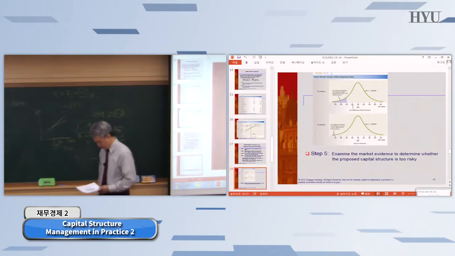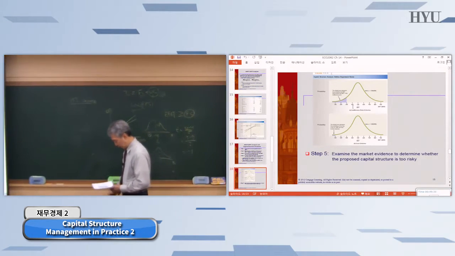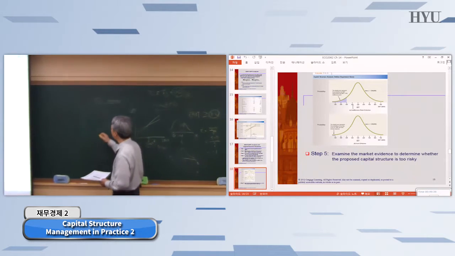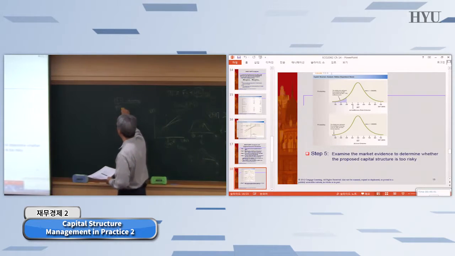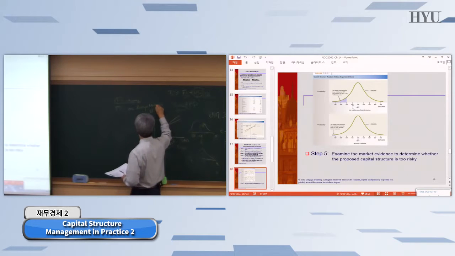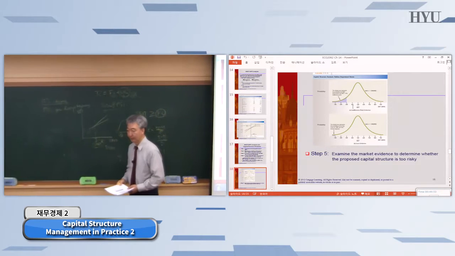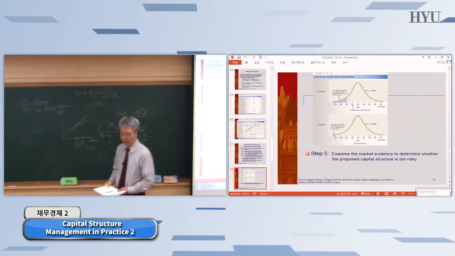And then they have another risk criterion, okay? That is, they're willing to accept a 5% chance for losing money, or negative income. Okay?